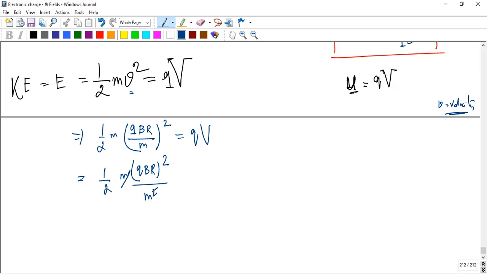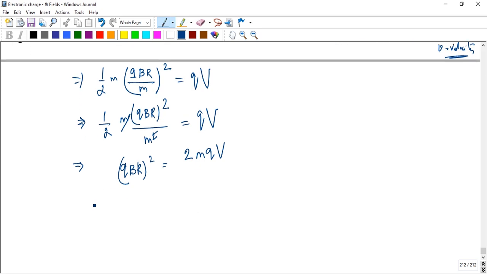The m and the square cancel, and we get qV equal to q squared B squared r squared by 2m, which gives the final expression of r: r squared equal to 2mV by q B squared, and these q's cancel.